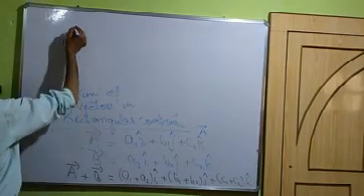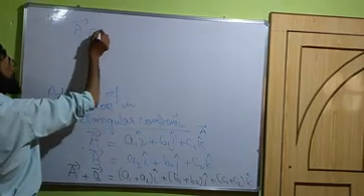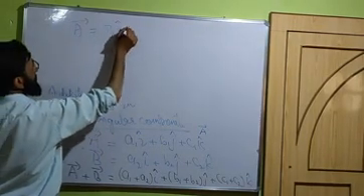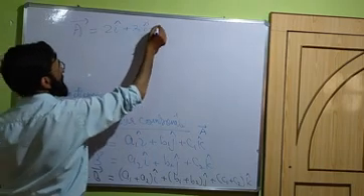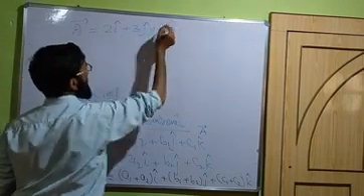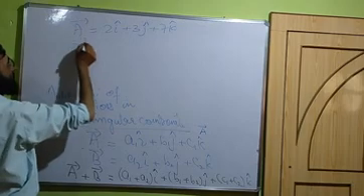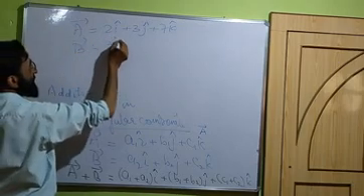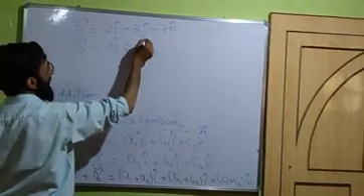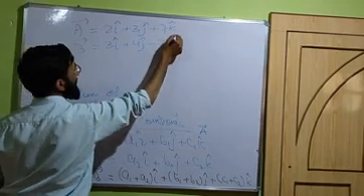Suppose we have vector A equal to 2i cap plus 3j cap plus 7k cap, and vector B equal to 3i cap plus 4j cap minus 3k cap.